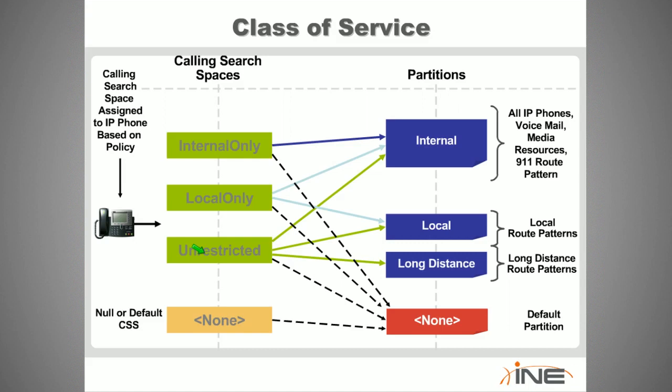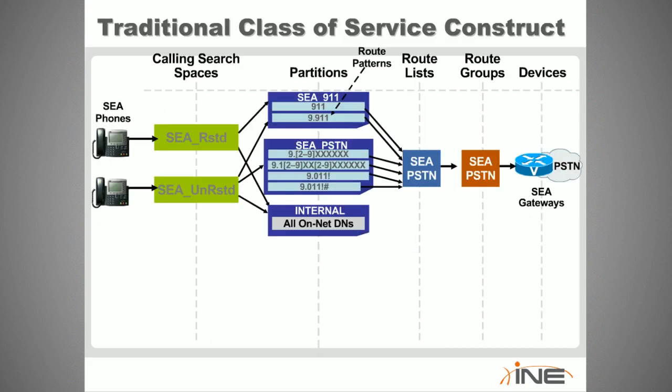And by the way, in terms of order, that partition is always ordered last. So for instance, if unrestricted has internal partition ordered first, then local ordered second, then long distance ordered third, none would always be last. And it's non-configurable. We don't see it, but it is there, and it's important to remember.